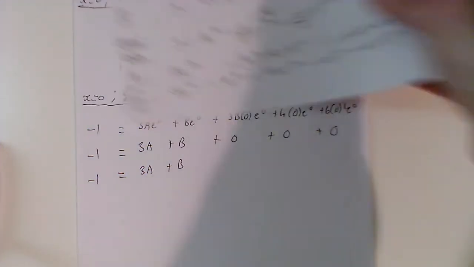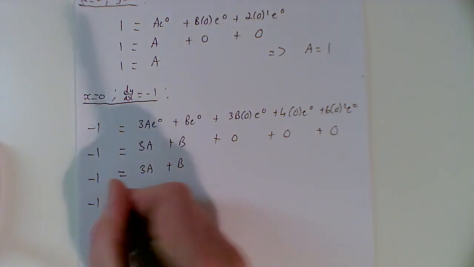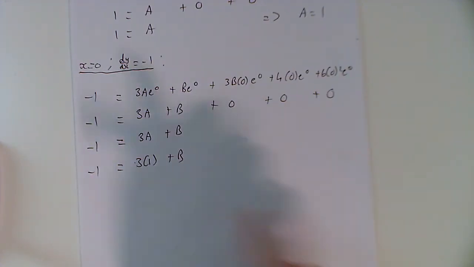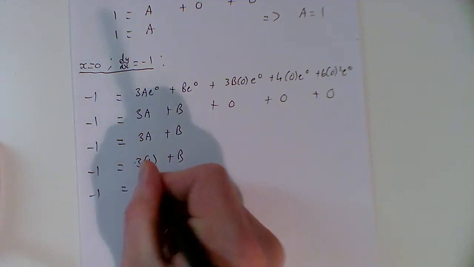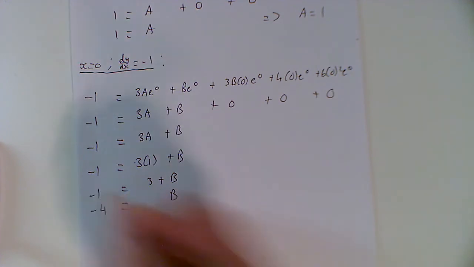But we already worked out in the top half of the page that a is equal to 1. So -1, take away 3 times 1 plus b. So -1 equals 3 plus b, so b equals -4.